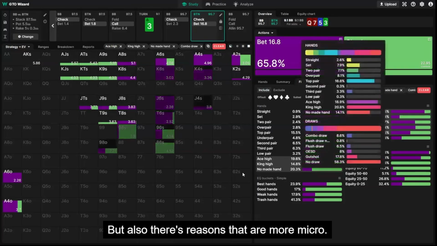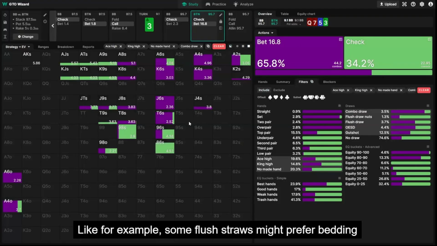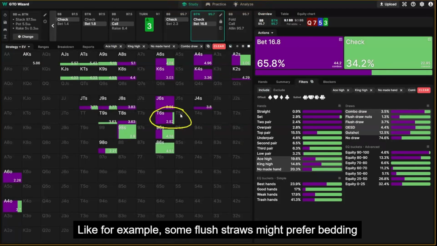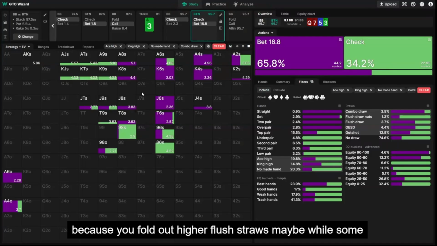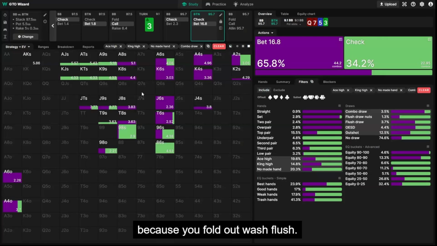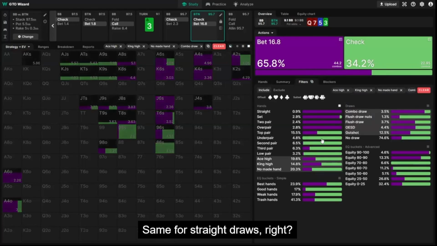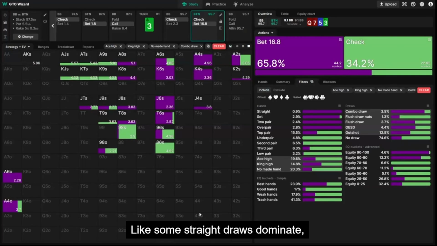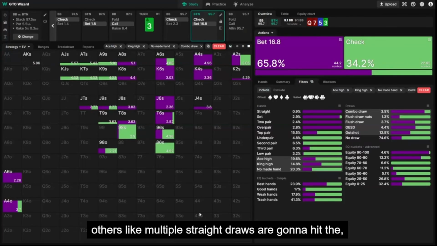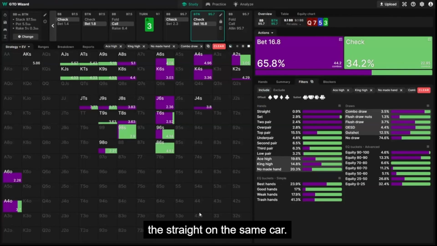But also there are reasons that are more micro, like for example, some flush draws might prefer betting because you fold out higher flush draws maybe, while some other flush draws might not want to bet because you fold out worse flush draws. That could be a reason to divide your flush draws into both lines. Same for straight draws, right? Some straight draws dominate others. Multiple straight draws are going to hit the straight on the same card.